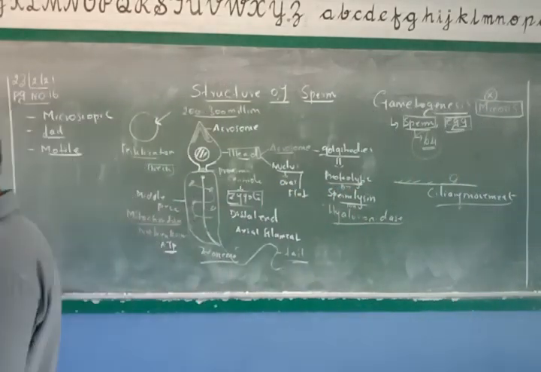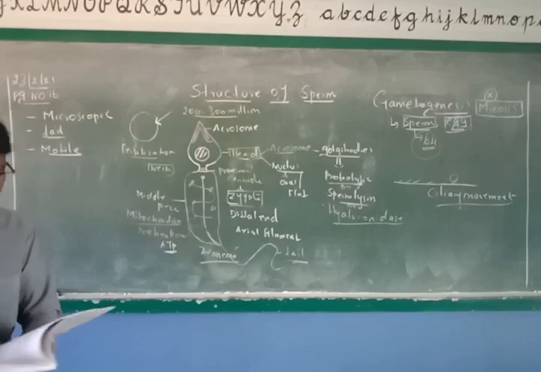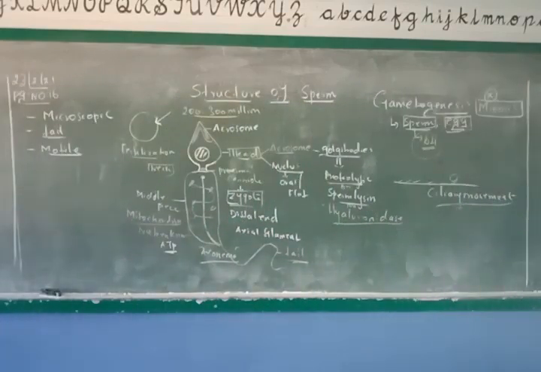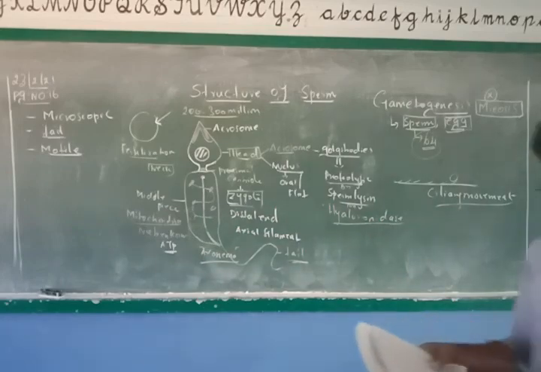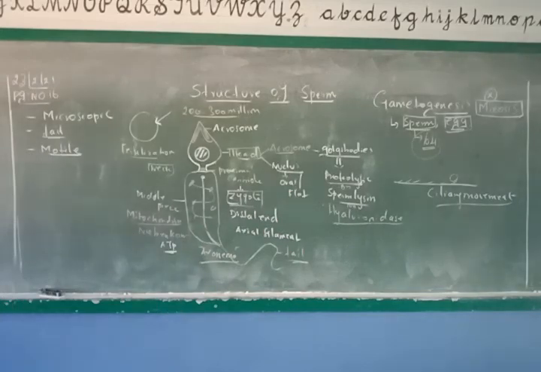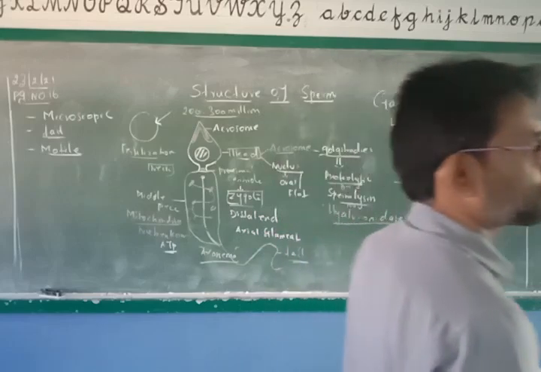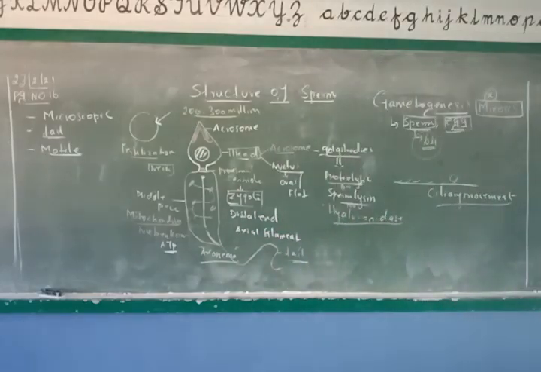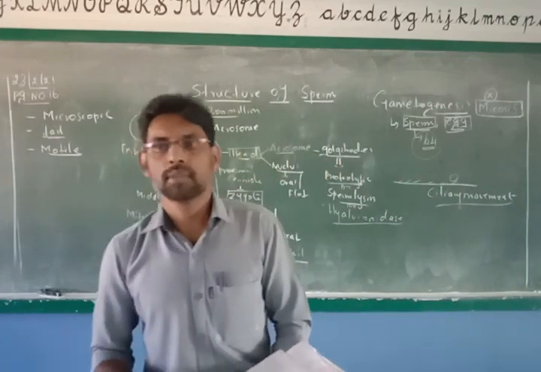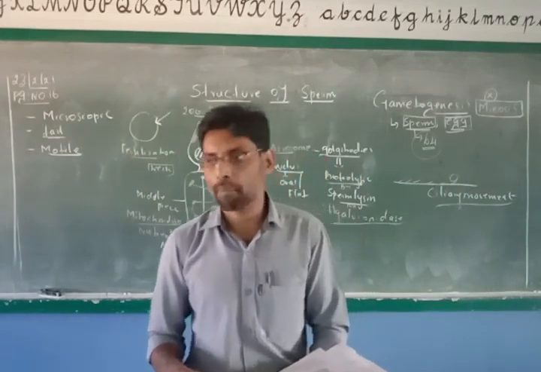Third one: which cell has the haploid number of chromosomes? I will give you the options: primary spermatocyte, secondary spermatocyte, spermatid, B and C. Which cells will have haploid?